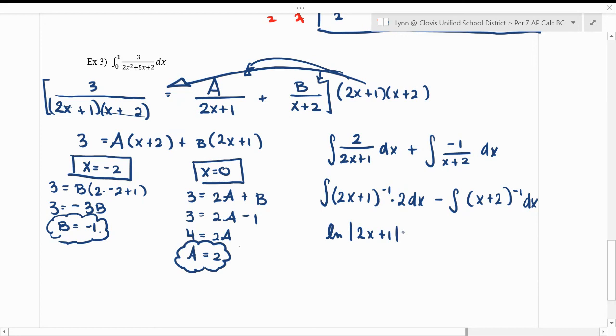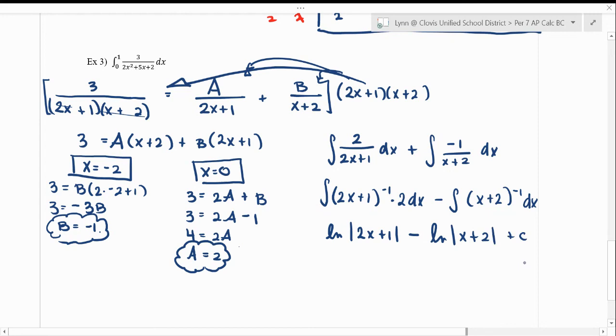So it's possible that you have a u and du component where this would be u to the -1 du, which is just the natural log of u, which goes right back to that, right? And then the derivative is 1 dx, which is perfect. And so that will also just be a natural log.